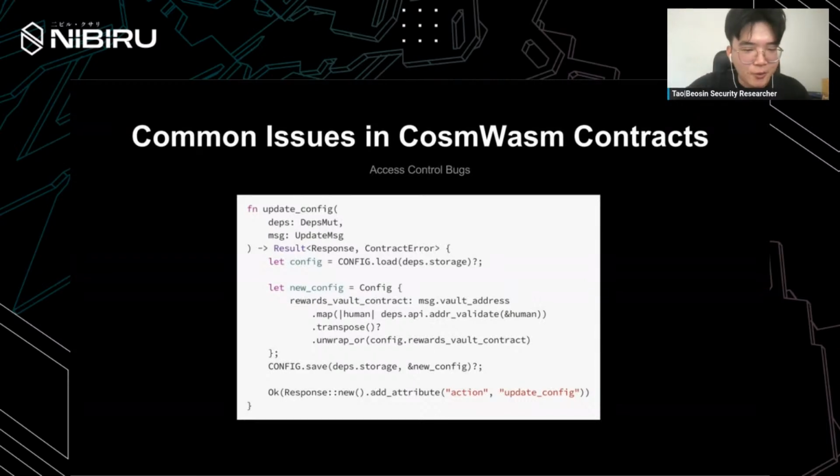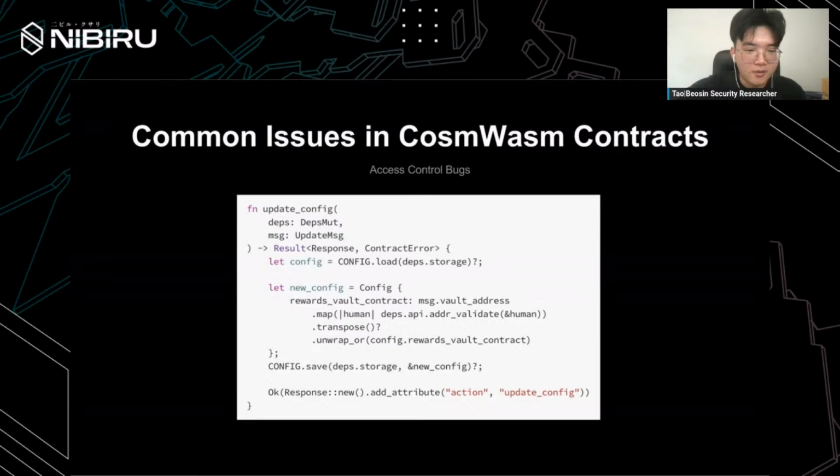If you look at the update configure function, you can see there are no security issues at first glance, since it sends the rewards to the reward address, right? And you can change the address that receives the rewards.